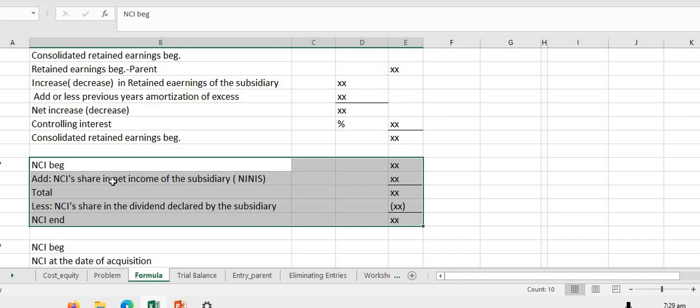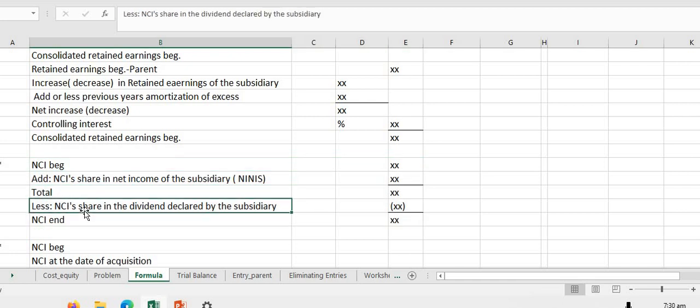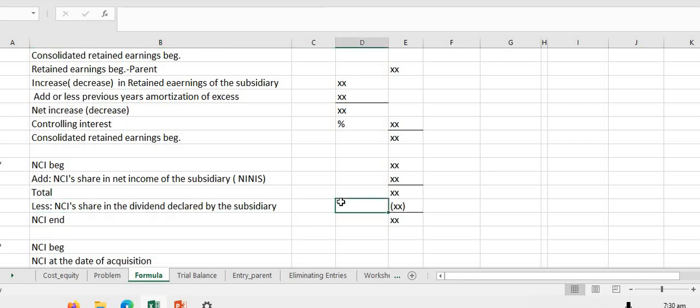Just that i-add lang natin yung share ni NCI sa net income, then deduct share ni NCI sa dividend na dineclare ni subsidiary. If it's a wholly owned corporation, all the dividends will accrue to the parent. However, if it's partially owned, pag nag-declare ng dividend si subsidiary, may share din yung non-controlling interest.